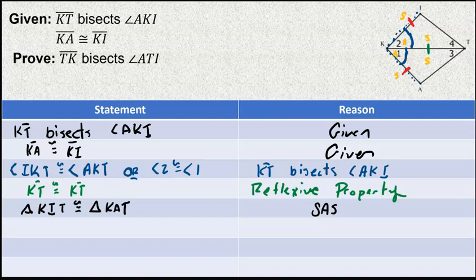To prove that the angle ATI is also bisected by TK, what we have here is this angle being cut in half, or we want to prove that that angle is being cut in half. This is pretty tricky.